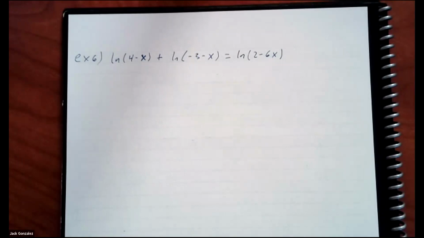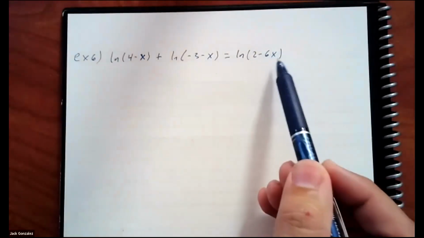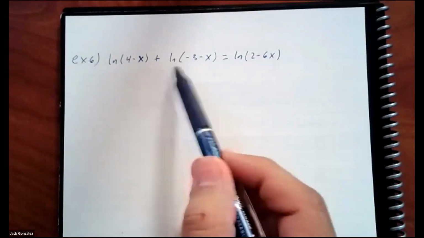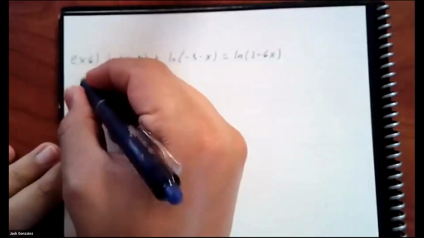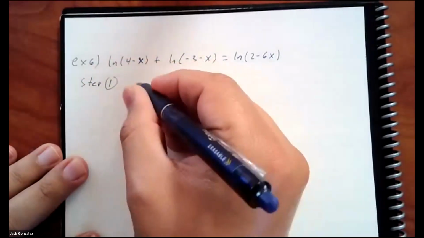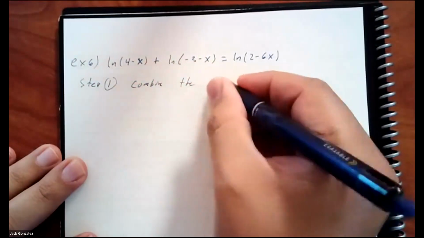So the goal is to cancel all the logs and then solve for x. But you can't do that until you have all the logs combined into one on both sides. The right side is fine, it's ready. These two are separate, so combine these two first. Step 1: combine the logs.